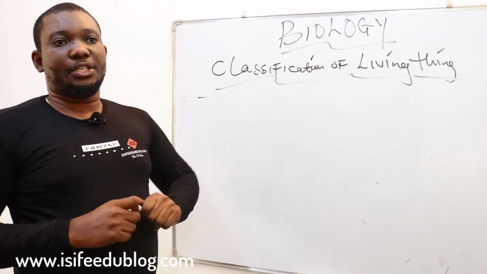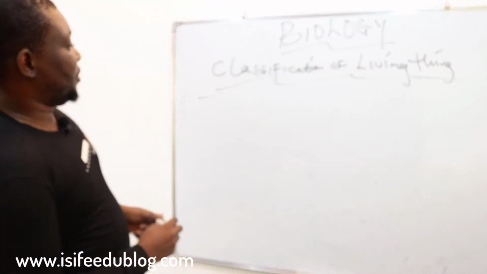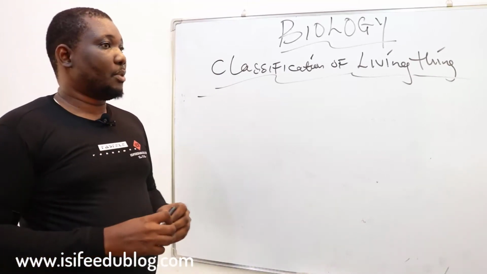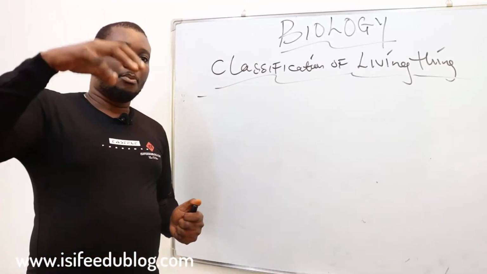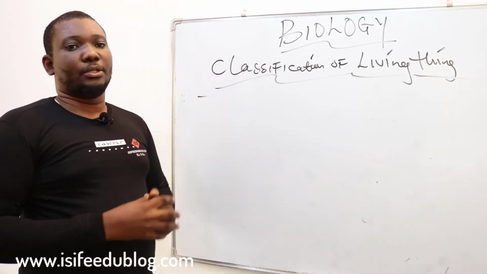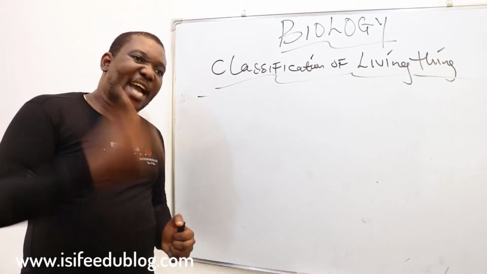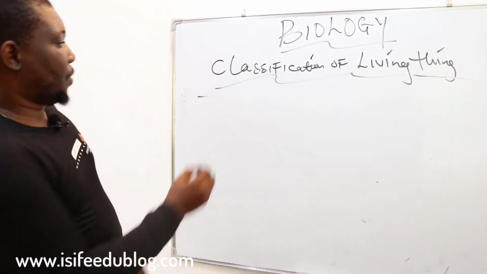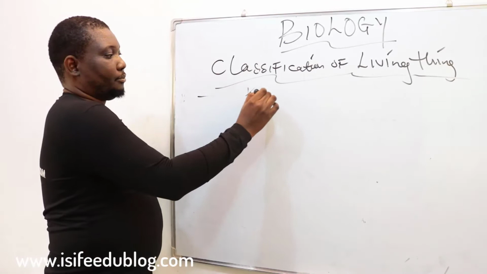What is classification? Classification simply means grouping or arranging living organisms based on hierarchy or based on positions. The highest hierarchy in the classification of living things is what we call kingdom.